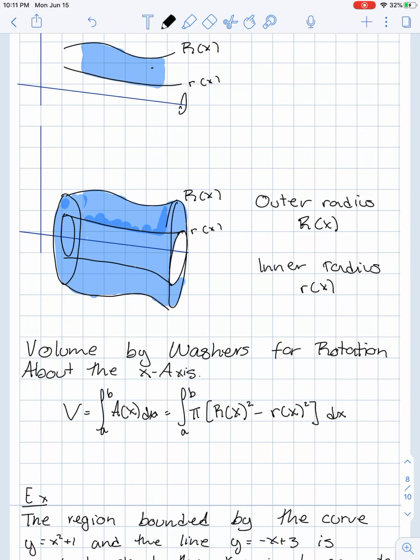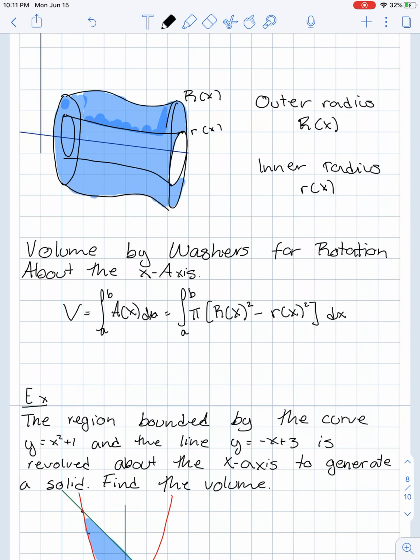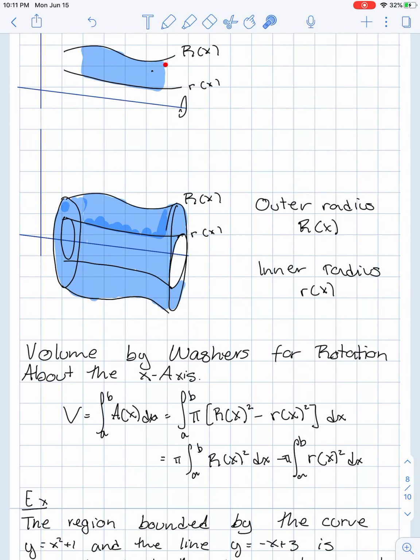So this is important. If you think about it, it's kind of like what we did when we were doing area between two curves. I took my higher one, in this case the outer radius term, and I'm subtracting the area that's below the lower one to get the area in between.